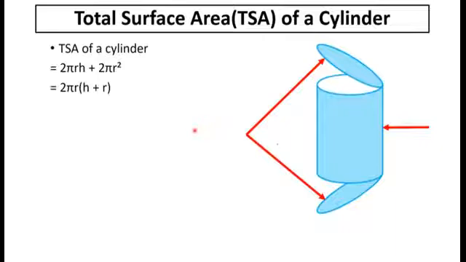So this becomes 2 pi r, by taking 2 pi r common, and within the bracket it will be h plus r. So TSA of cylinder is given by 2 pi r within bracket r plus h.